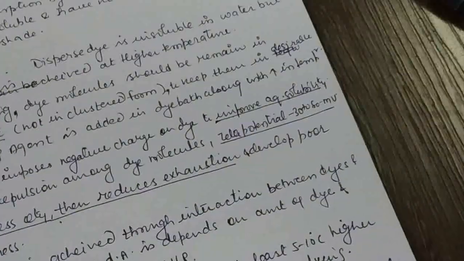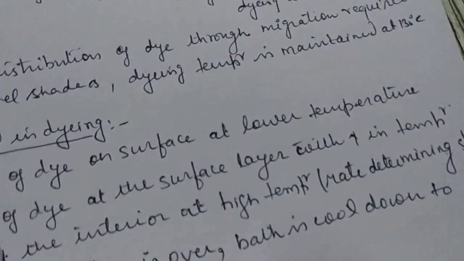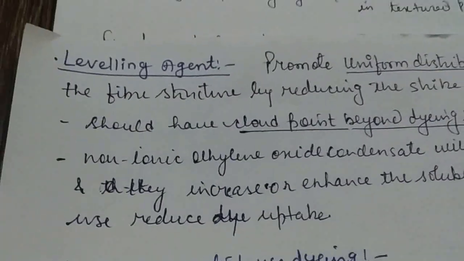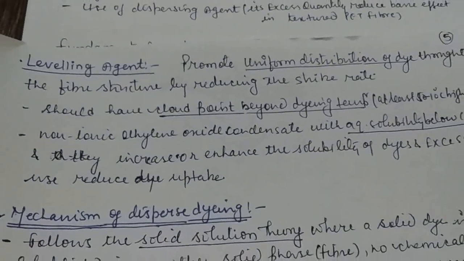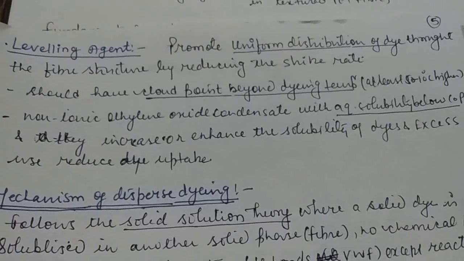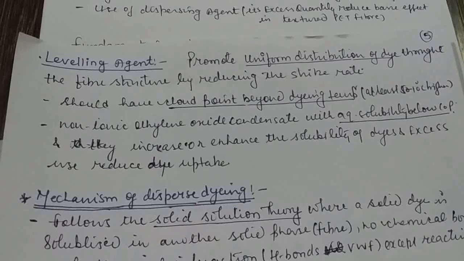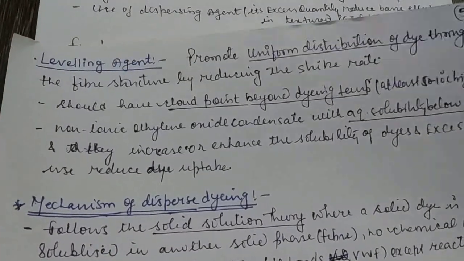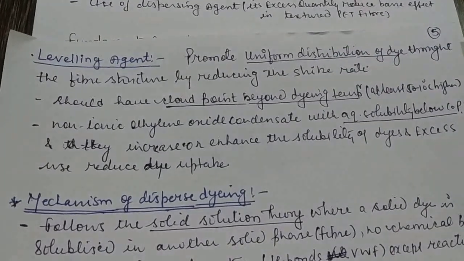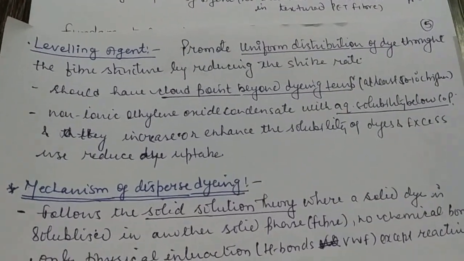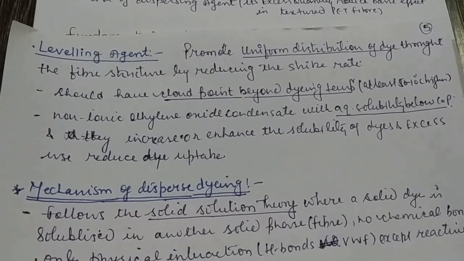Along with dispersing agent, we use leveling agent in disperse dyeing. Leveling agents promote uniform distribution of dye throughout the fiber structure by reducing the strike rate. Leveling agents should have a cloud point beyond the dyeing temperature, the same as we discussed for dispersing agent, that the cloud point should be higher than the dyeing temperature.